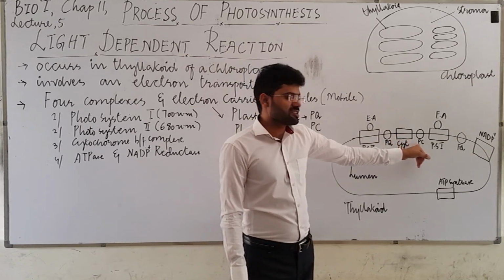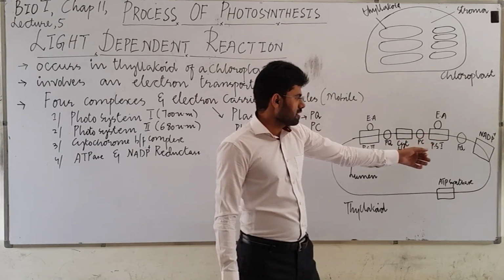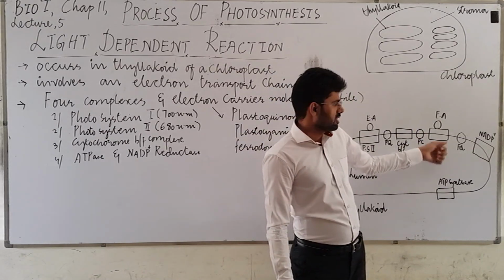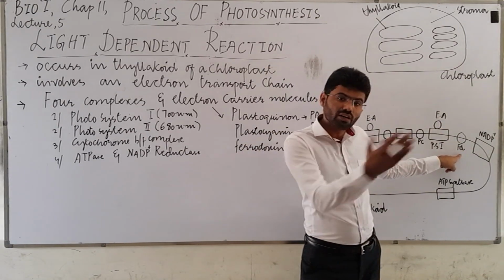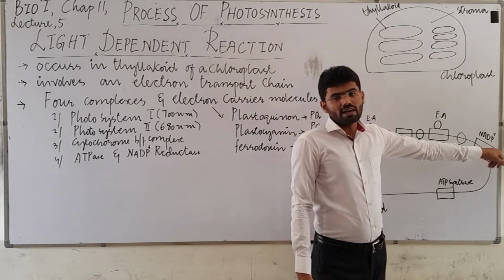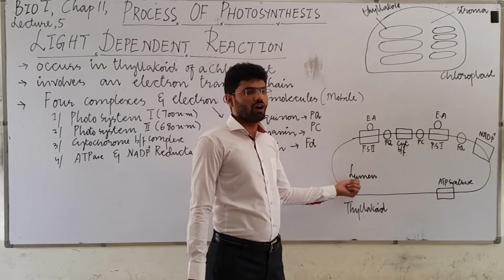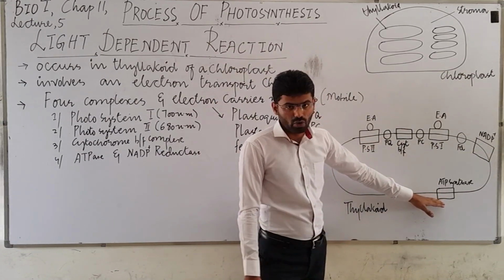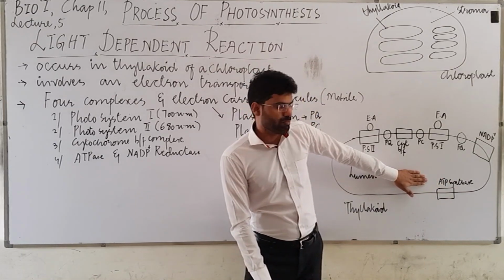After that, there is another mobile electron carrier molecule, plastocyanin. After that, there is another protein complex called photosystem 1. It also has an electron acceptor. After that, there is the third mobile electron carrier molecule, ferredoxin, and finally NADP reductase. The inside of the thylakoid is called the lumen, and at the lower side of the thylakoid there is a complex called the ATP synthase complex.